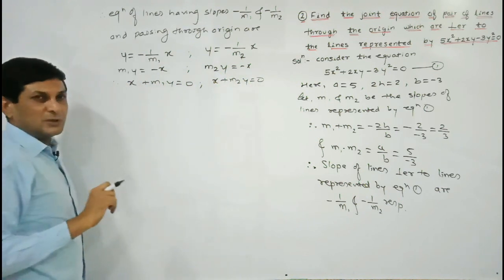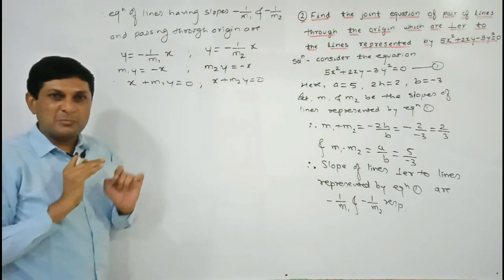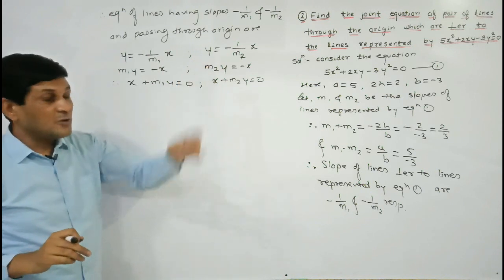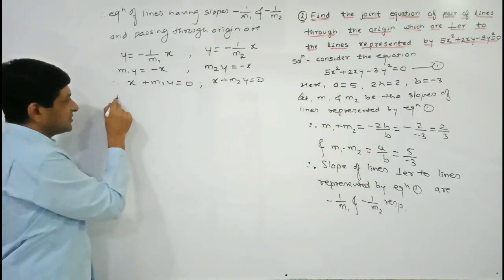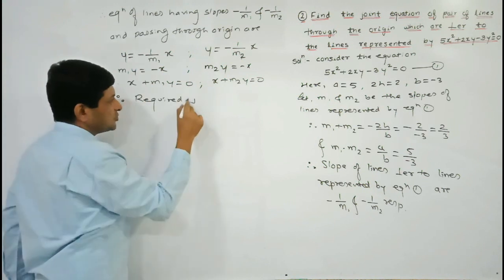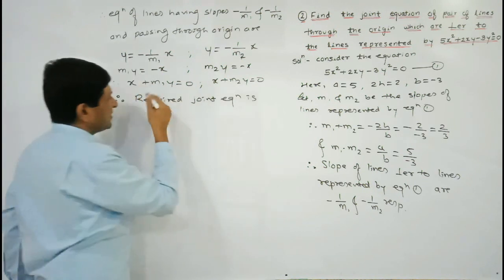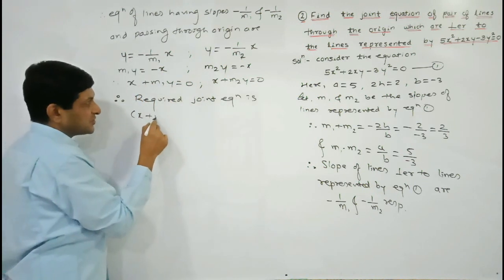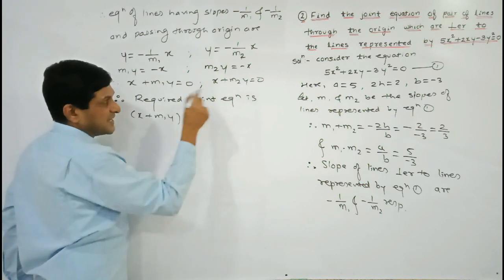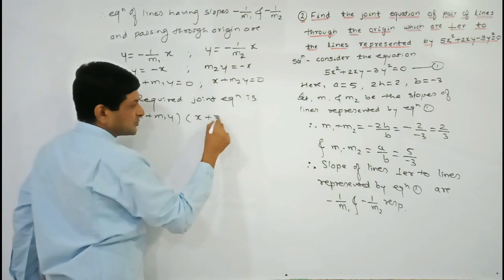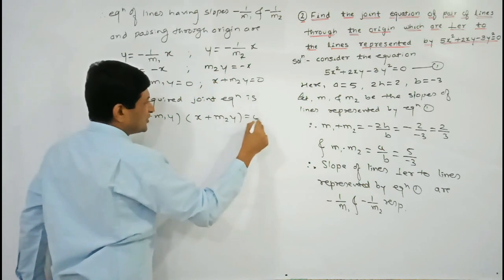Once the equations of both lines are known to us, simply taking their multiplication we are able to find the required joint equation. So the required joint equation is, take the multiplication: x plus m1y is the equation of the first line, the equation of the second line is x plus m2y, on this side 0, keep it as it is.